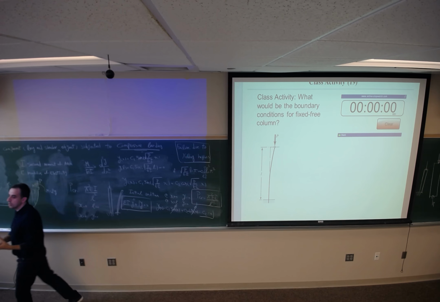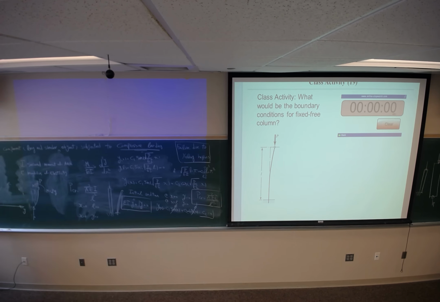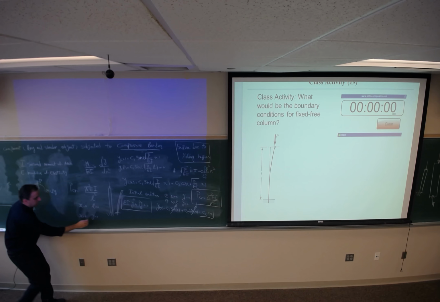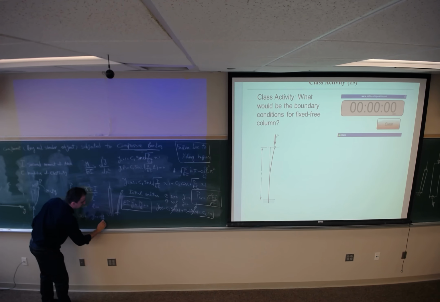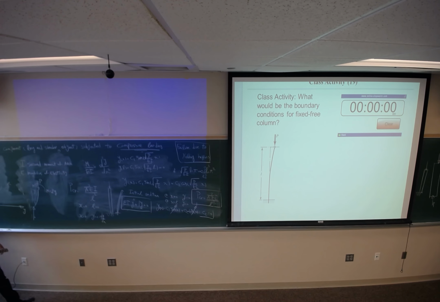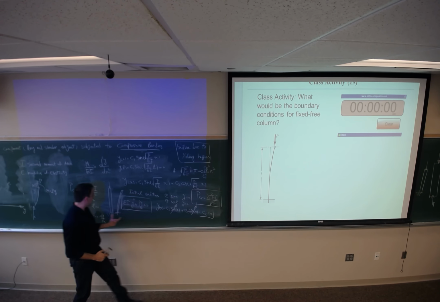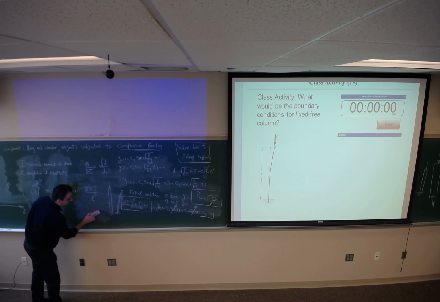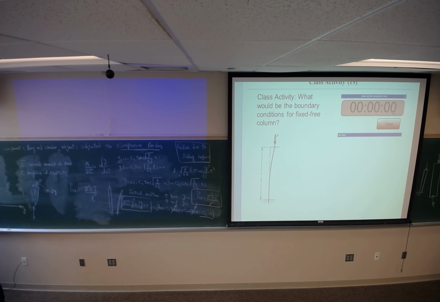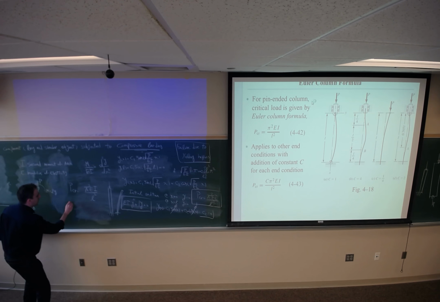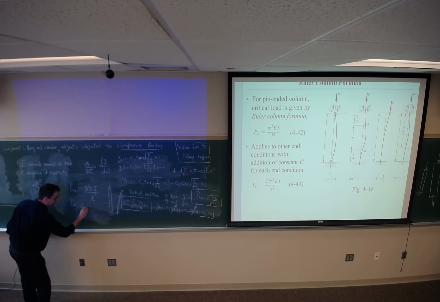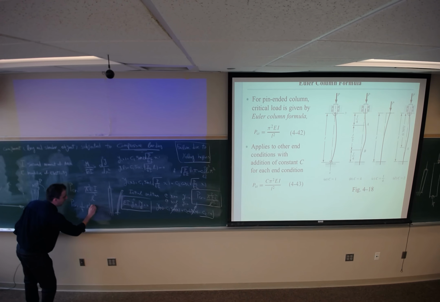So the slope is going to be 0. y prime is dy over dx. If you apply these two initial conditions, the critical force that you will get would be P critical equals 1 over 4 pi squared EI over L squared.